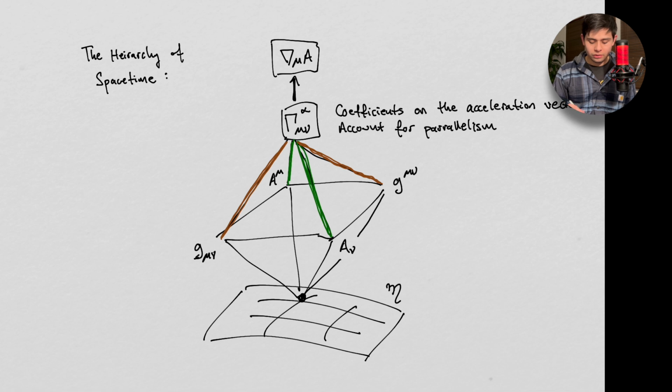And so this picture, I really like. I think it succinctly helps us understand where things are coming from. The color coding, I think, helps as well. And yeah, all four of these guys are essential in the construction of this hierarchy of spacetime, or the architecture of this spacetime, if you want to say it that way.